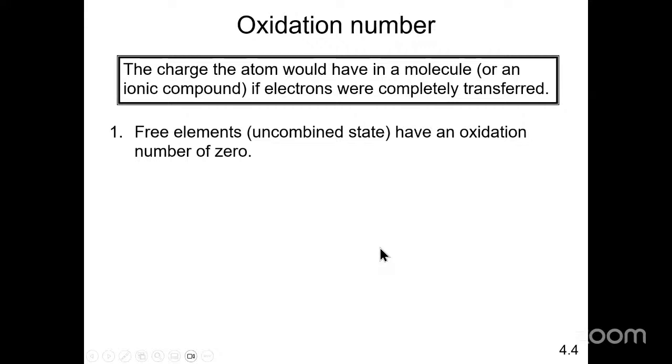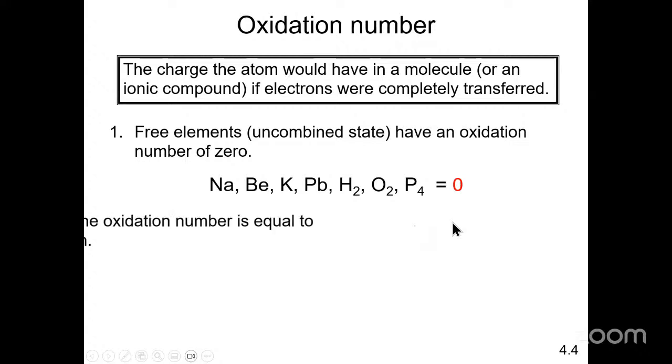Oxygen by itself, carbon by itself, silver by itself, any element that is not chemically combined with anything else, has an oxidation number of 0. Other examples are sodium, barium, and even diatomic or polyatomic molecules; as long as there are no other elements involved, the oxidation number in all of these cases is equal to 0.